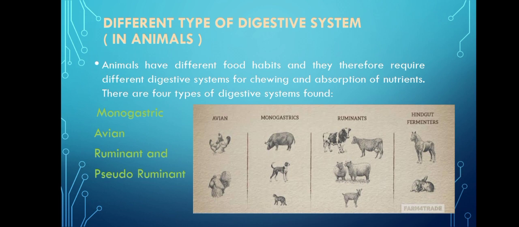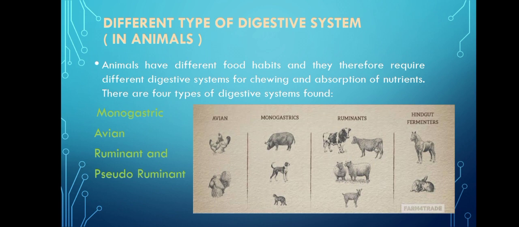There are different types of digestive systems. Animals have different food habits, and they therefore require different digestive systems for chewing and absorption of nutrients. There are four types of digestive systems found. First is the monogastrics, which belongs to humans, pigs, and cats, which have simple stomachs. The avian, which is called modified simple stomachs.